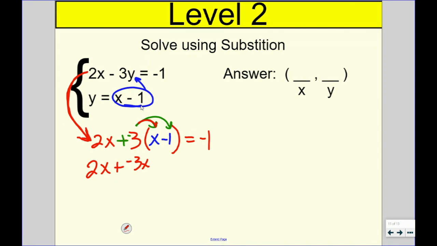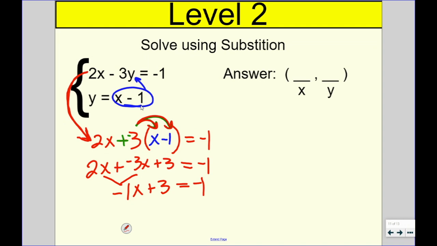And negative 3 times negative 1 is a positive 3. We have our equals negative 1. We're still simplifying. We have these x's on the same side of the equal sign, so we're going to combine like terms. 2x plus negative 3x is negative x, or negative 1x, plus 3 equals negative 1.